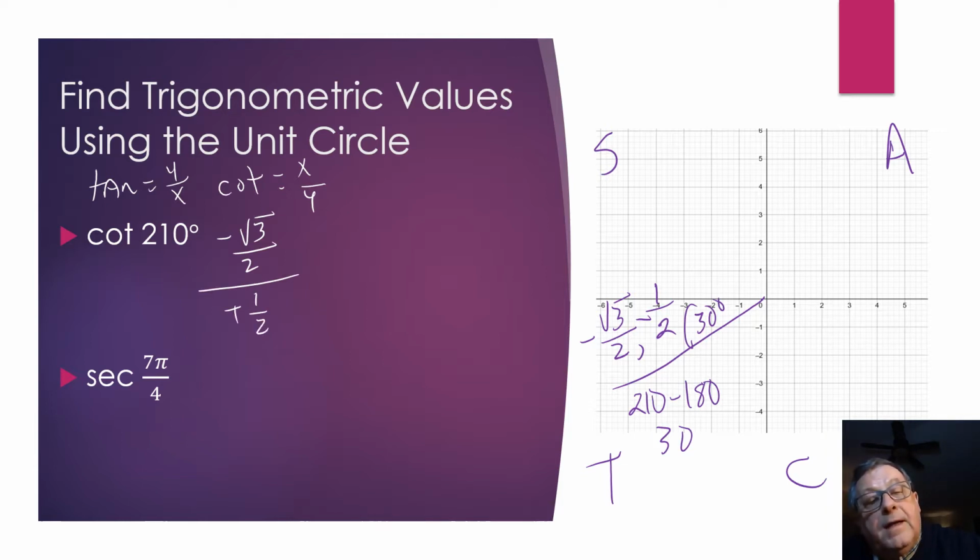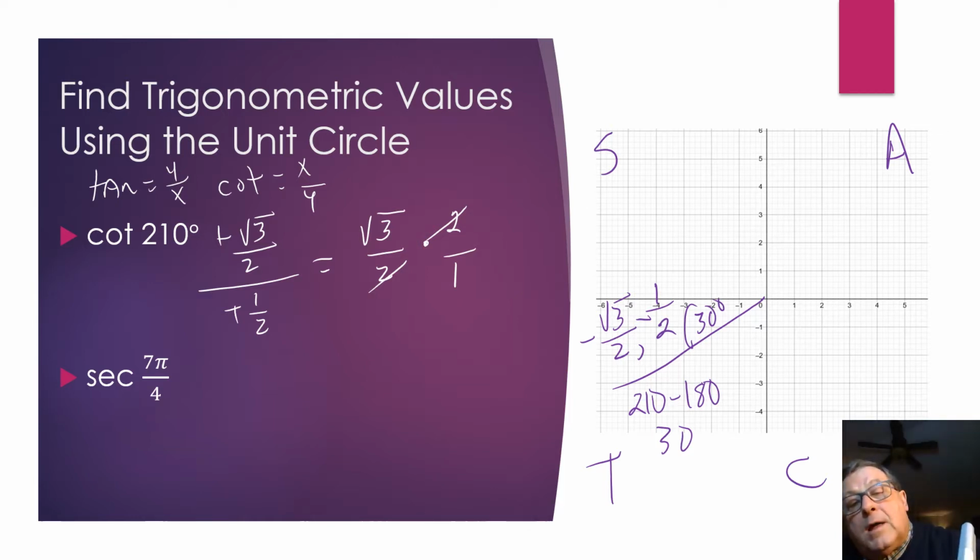Well, my negatives are going to cancel out. And then if I'm going to take the square root of 3 over 2 and divide it by 1/2, well, that's the same as multiplying by 2 over 1, right? Multiplying by the reciprocal. My 2's cancel out, and my cotangent at 210 with a reference angle of 30 degrees is just simply going to be the square root of 3.